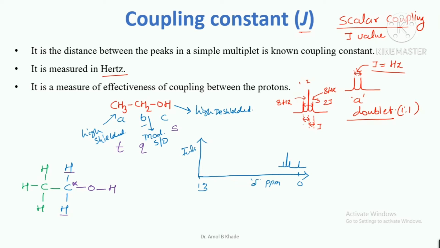The quartet usually appears as 1:3:3:1. And for OH we will get a singlet here. This kind of singlet will appear for the OH proton like this. So this is for set C, this is for set B, and this is for set A.